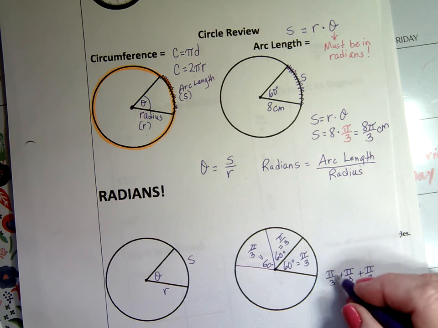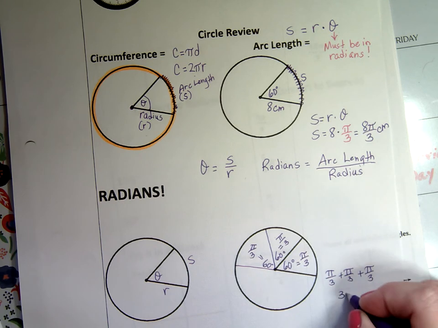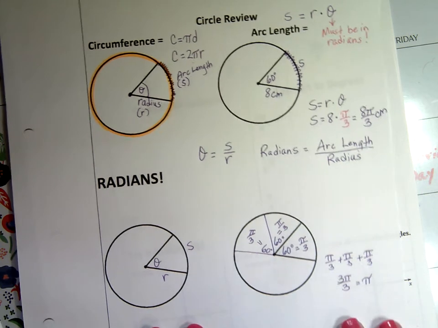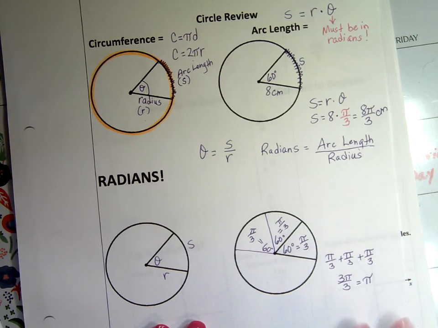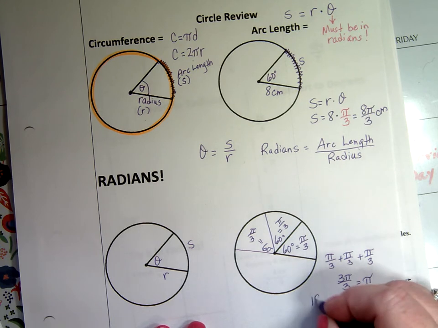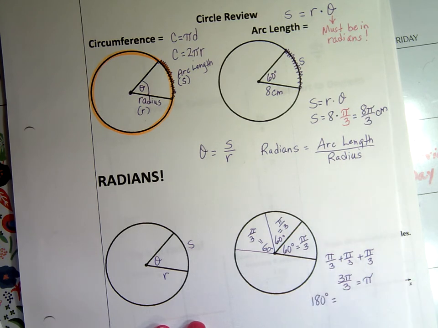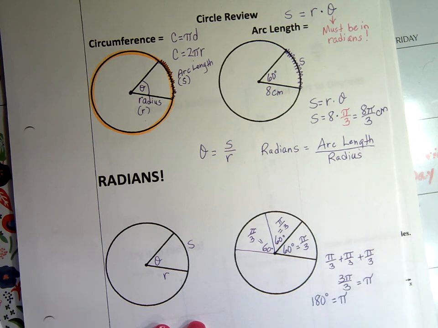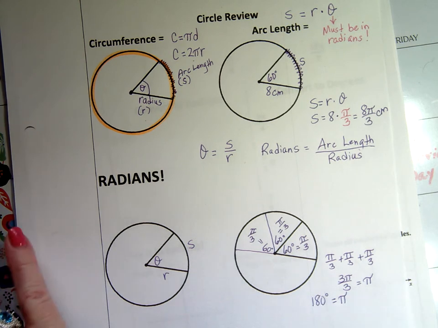Well, that gives me 3 pi's over 3, or just pi. And so I've just seen that if I have 180 degrees in degree language, that equals pi in radian language. And we're going to see how to convert those two things.